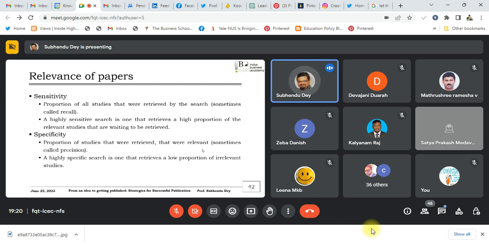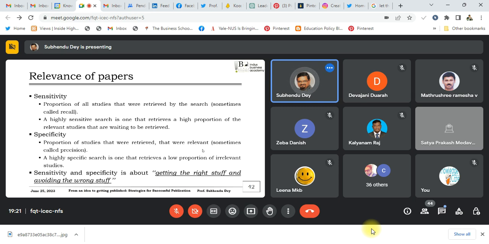The specificity therefore comes out to be 40 on 100. So you looked at 100 papers and you've got 40 papers. So you've got about 40% of the required stuff. So your specificity is 40. The higher the specificity, the better for you, right? That's something which you have to look at. It's about getting the right stuff and avoiding the wrong stuff.